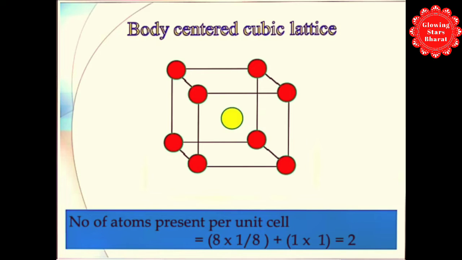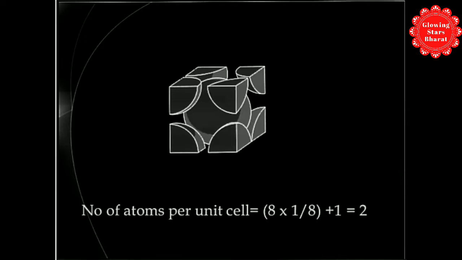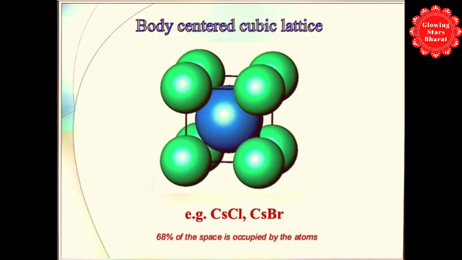Face centered cubic lattice: number of atoms present per unit cell is equal to 8 into 1 by 8 plus 6 into 1 by 2, total is 4. Means in face centered cubic lattice, number of atoms present per unit cell is equal to 4.